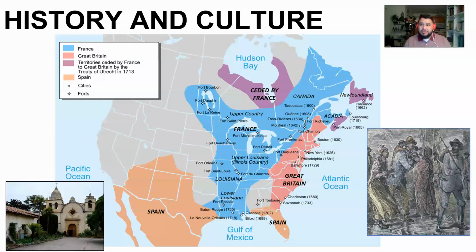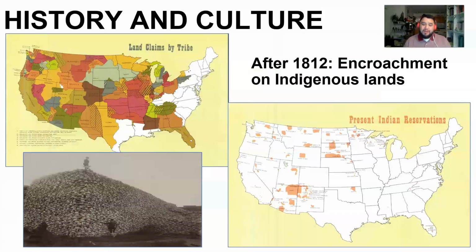Montreal is one of the largest French-speaking cities in the world after Paris, for example. And in the Southwest and in Florida, we're going to see the influence of Spain. Definitely the California missions are part of that history.